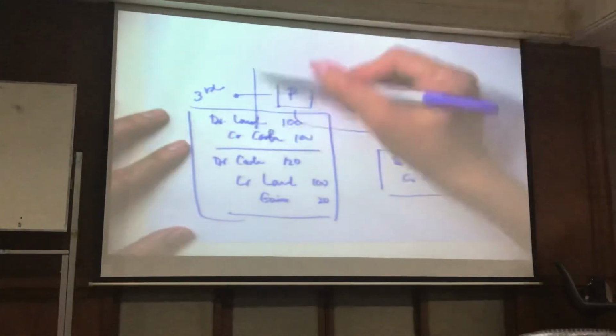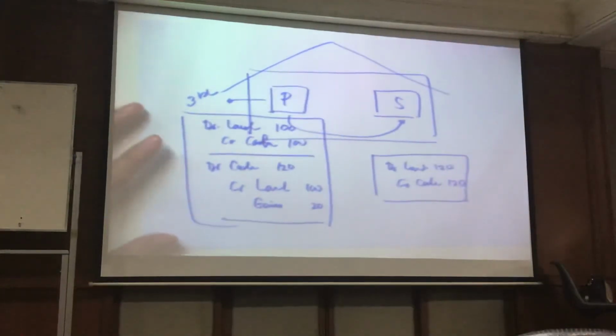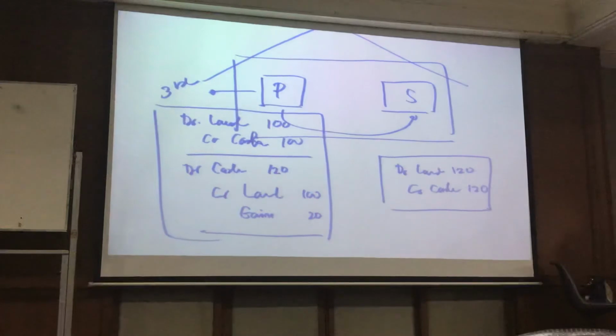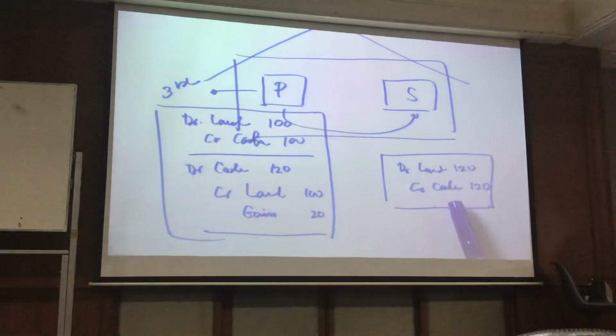Now, when you do consolidation, I put the rooftop on. How much land should we report in consolidation? 120 or 100? How much should we report? 120? If you report 120, it means you represent the cost as the subsidiary bought from the parent.